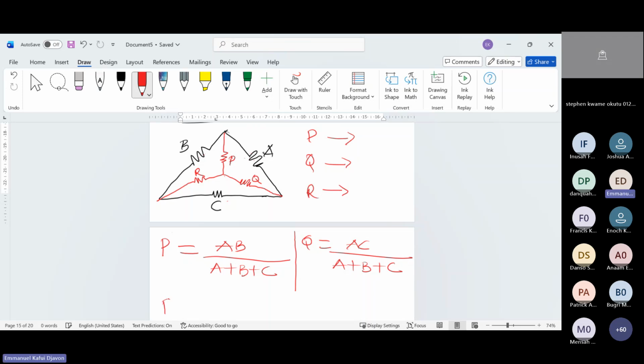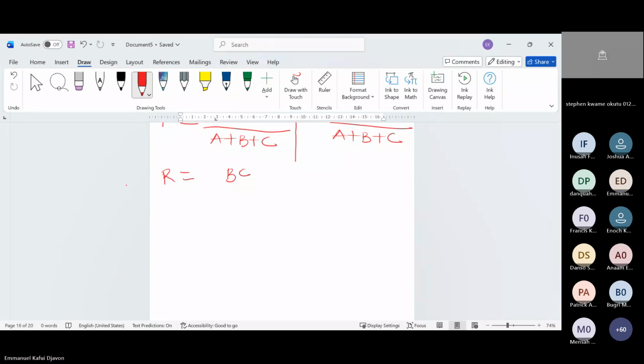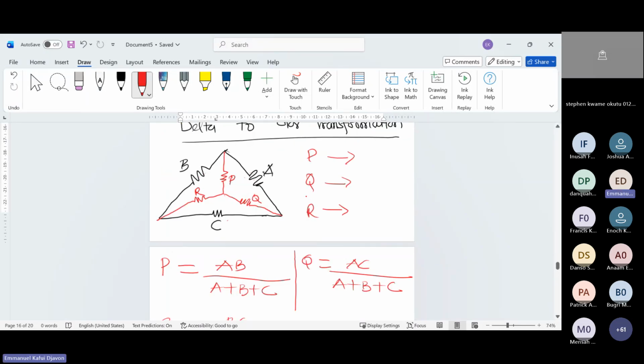If you need R, it will be equal to B times C, all over A plus B plus C. So if I need P, A times B. If I need Q, A times C. If I need R, B times C.